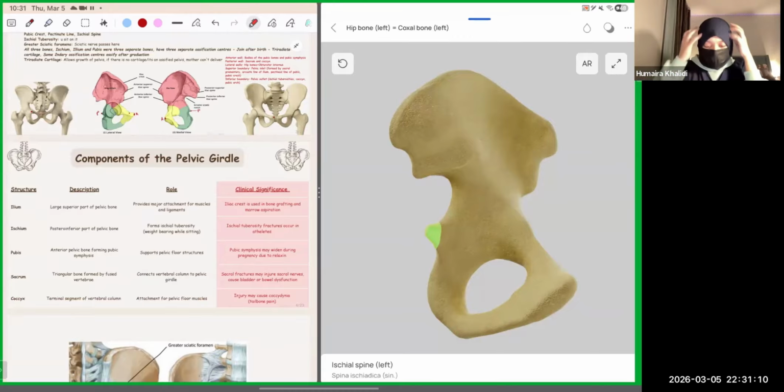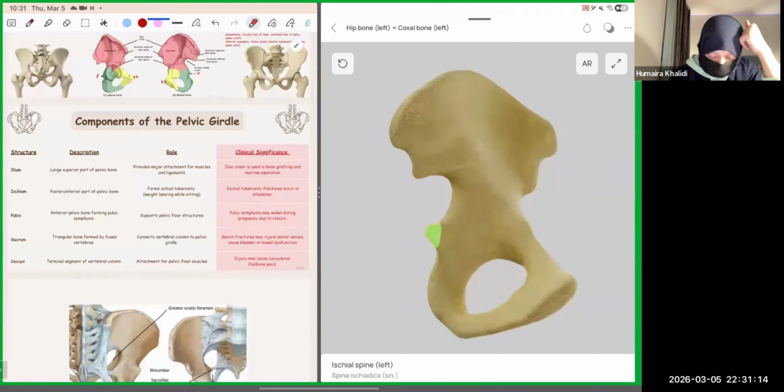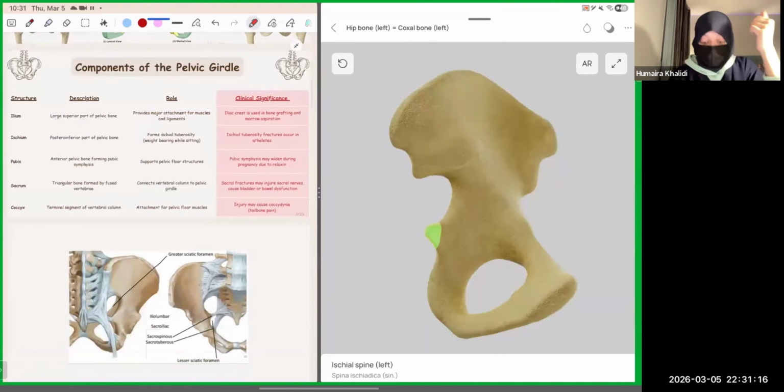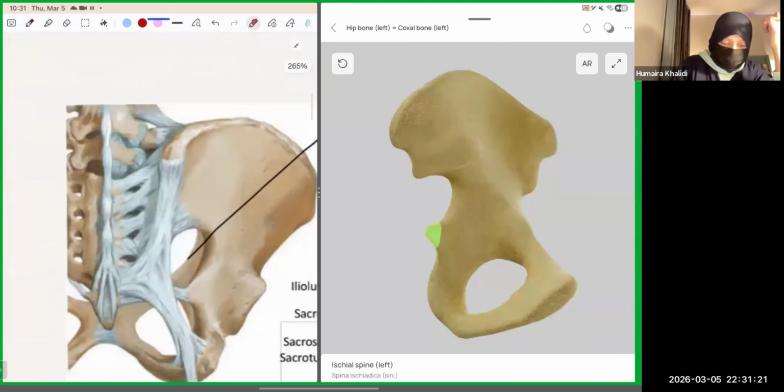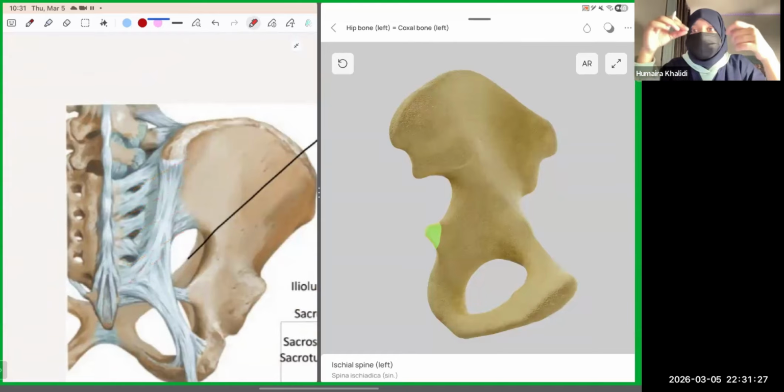Okay. Then you have the sacrum. You have the triangular bone formed together. So if you have sacral fractures, do you guys see these holes? This is the place from where the sacral nerves pass through. So let's say that you damage your sacrum. What's going to happen?